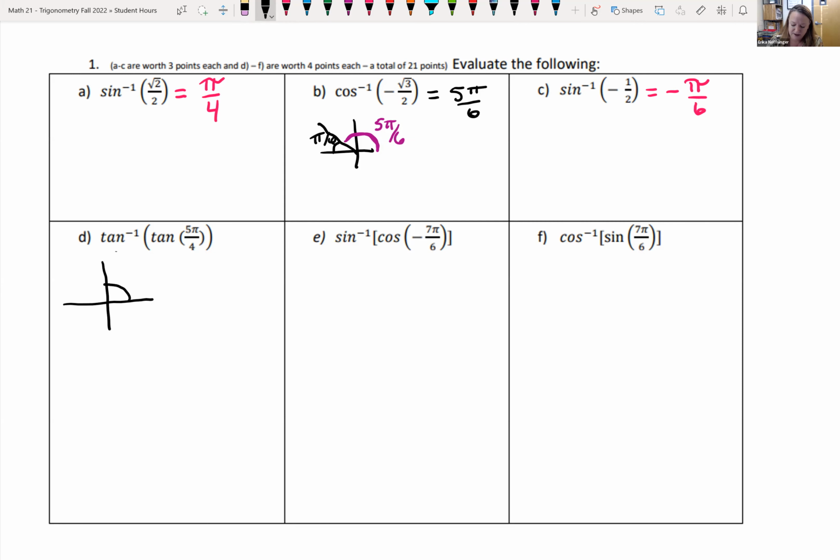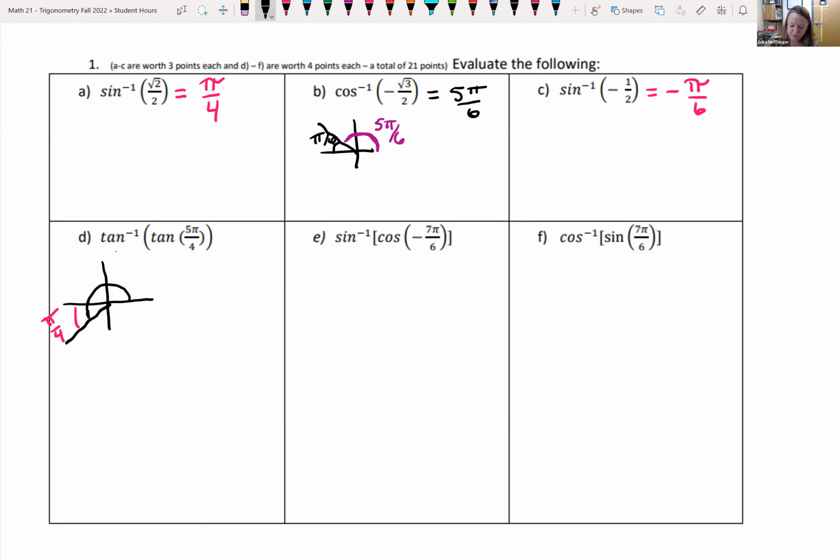Well, 5 divided by 4 is bigger than 1, so I'm going to go past pi, getting into the third quadrant, adding another pi 4ths to the 4 pi 4ths. That gives me a reference angle of pi 4ths, and I'm in quadrant 3. Tangent's positive in quadrant 3. So what is tangent of pi 4ths?